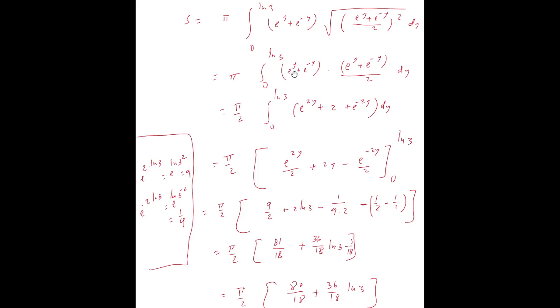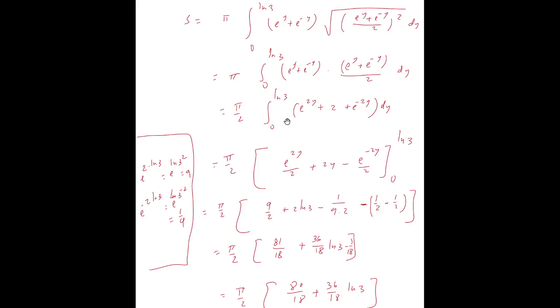And since you have e to the power y plus e to the power negative y, e to the power y plus e to the power negative y, you can multiply them, which will give you e to the power 2y plus 2 plus e to the power negative 2y. Now by finding the integration, the integral of e to the power 2y is e to the power 2y over 2. The integral of 2 is 2y. The integral of e to the power negative 2y is e to the power negative 2y divided by negative 2. That makes this sign negative.